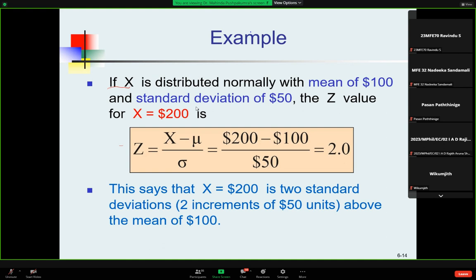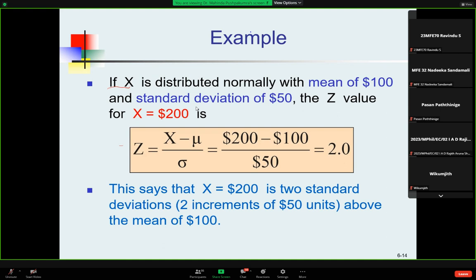Here 100, here 200. Then the z distribution, this is 0, this is 2. Then if you take another value here, let's say.